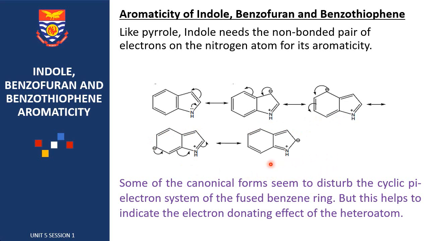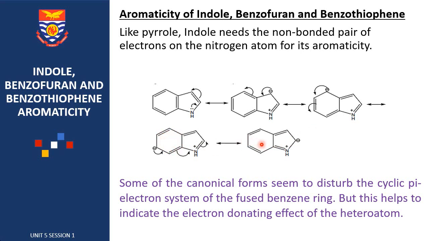And some of the canonical forms that are produced through resonance by these 3 aromatic compounds seem to disturb the cyclic pi electron system of the fused benzene ring. So out of these 5 resonance structures, you can see that this first one and these 2 have the benzene ring intact. However, in all the others, the benzene ring is not in its complete form, right?